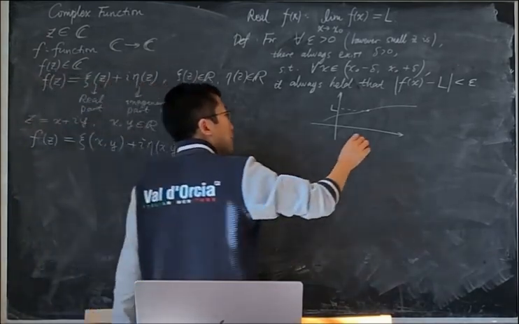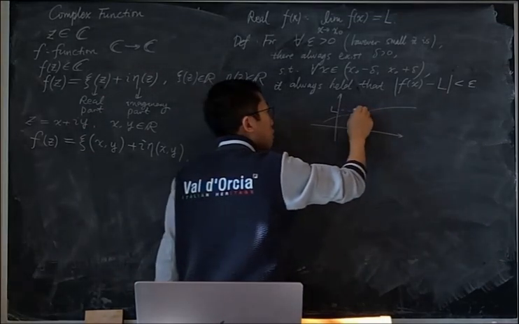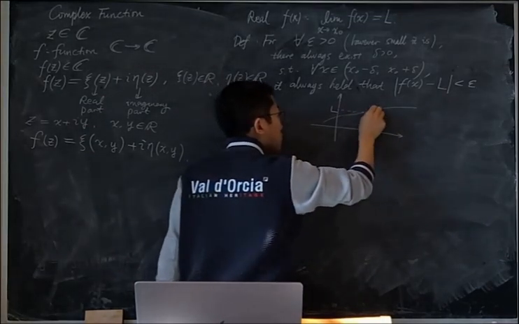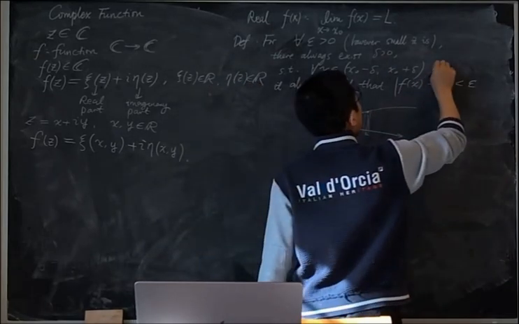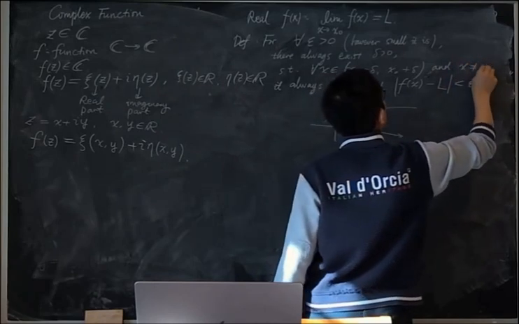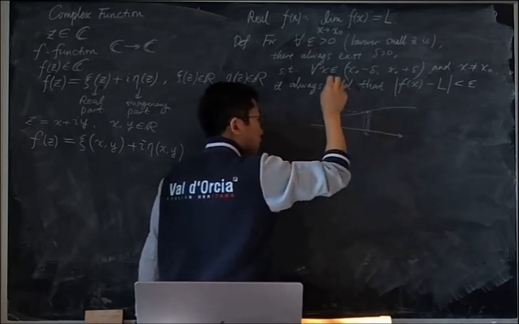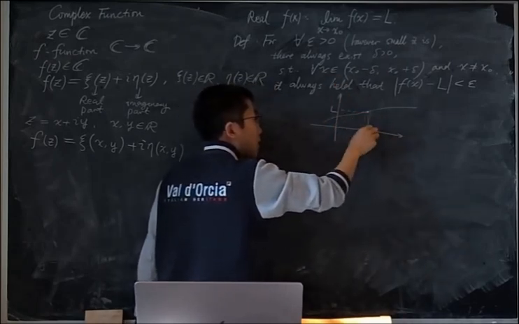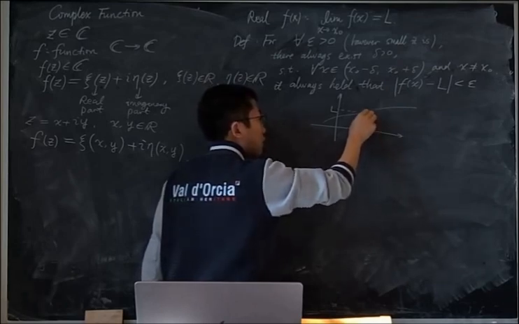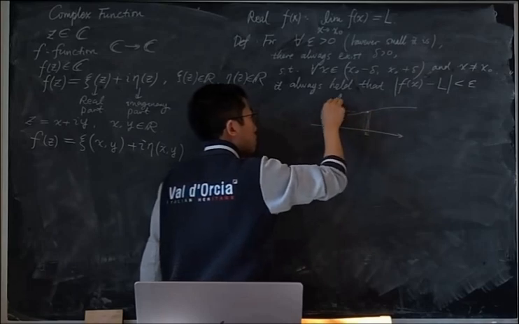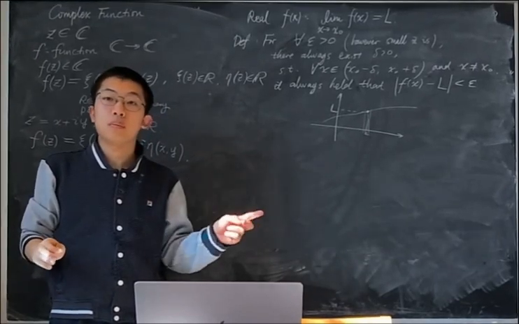And we'll say, however small your epsilon is, I can always find a sufficiently small interval around this x naught such that in here, as long as your x is sufficiently close to x naught, then the function value is always sufficiently close to the target limit. This is the definition of the limit for real functions.